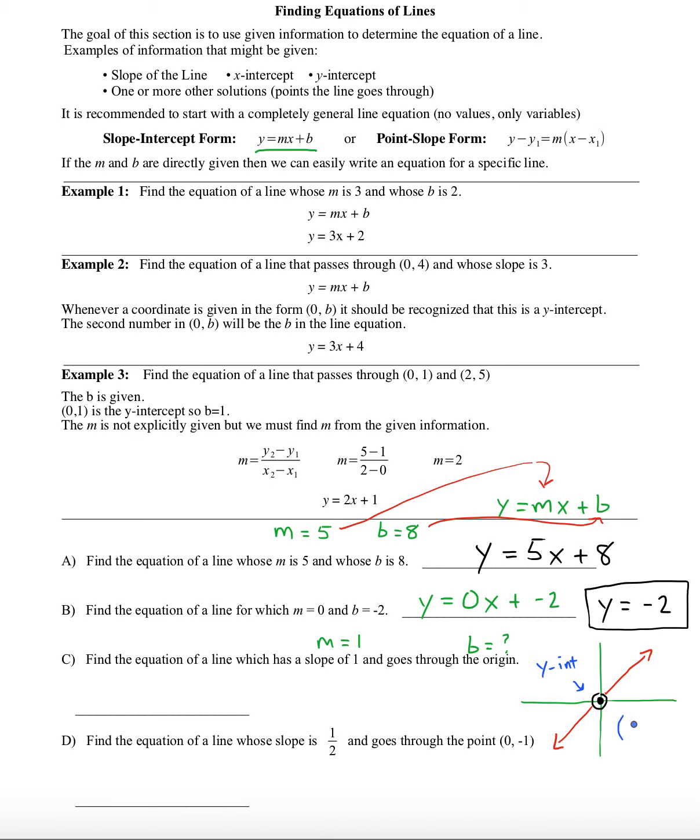So since it's a y-intercept, that actually indirectly tells us what the b is. The b is always the second coordinate in a y-intercept. It tells you how high the point is where that line intersects the y-axis. So, what it's telling us is that b is 0.